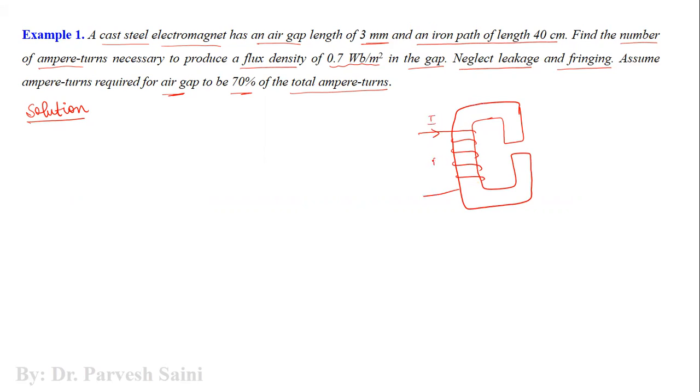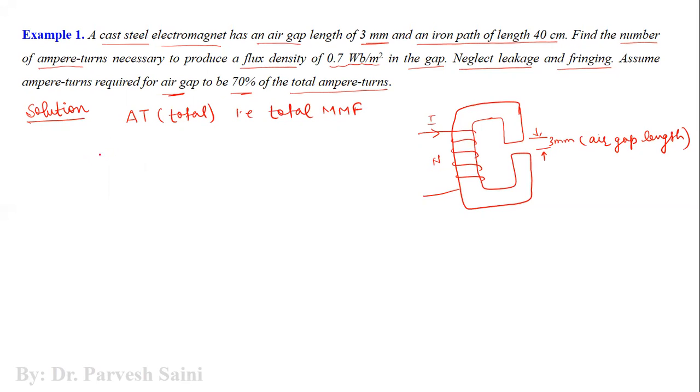And this is the air gap, which is 3 mm. This is the air gap length. Now we have to find out the total AT, that is, the total magnetomotive force, MMF.